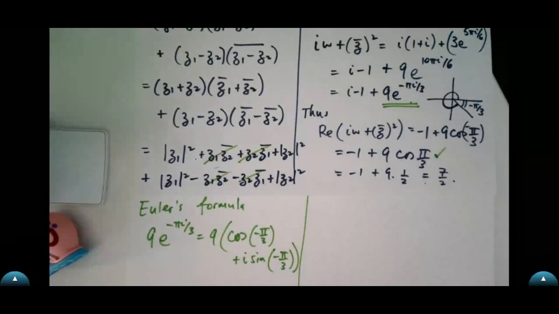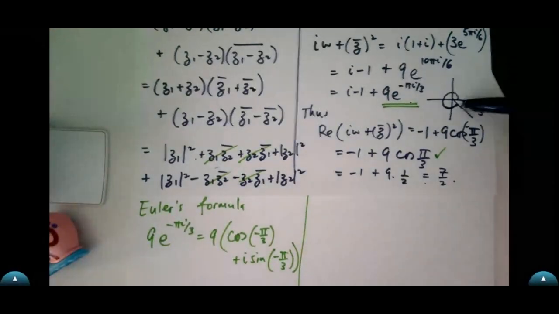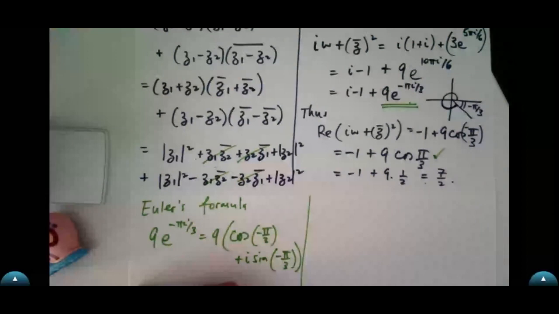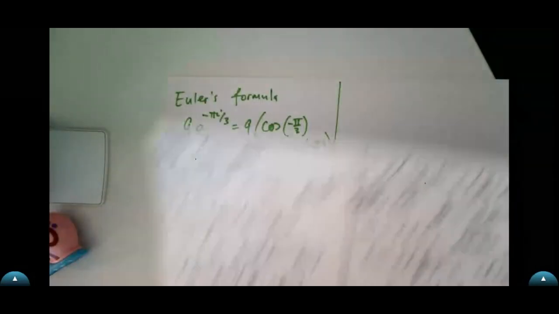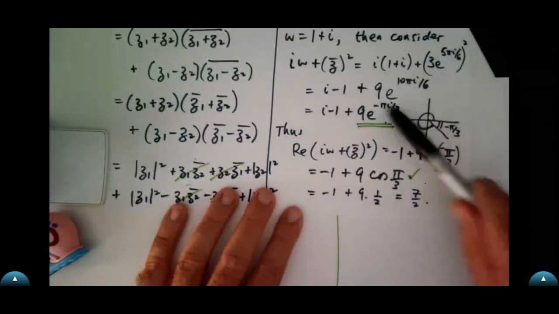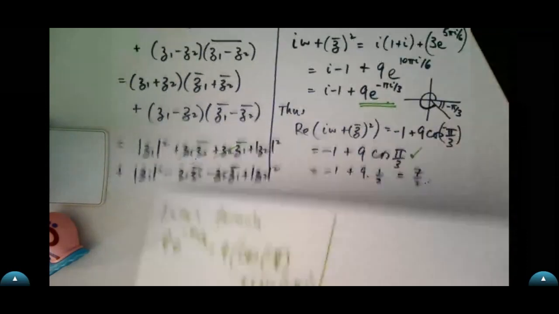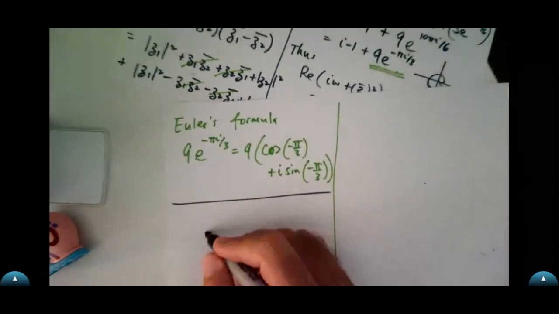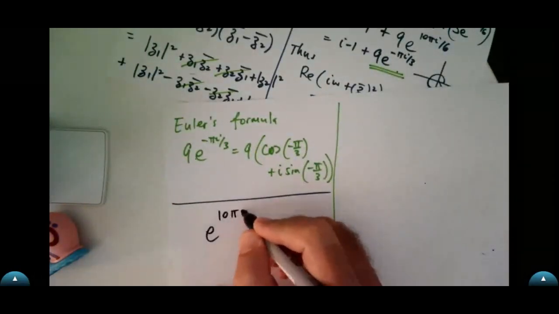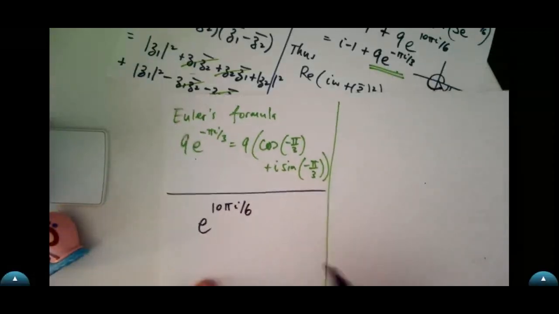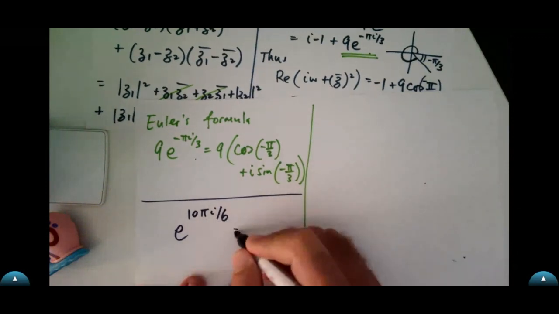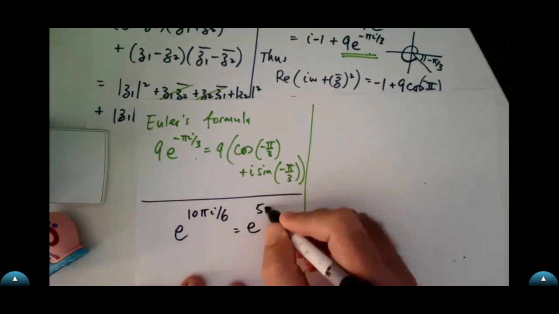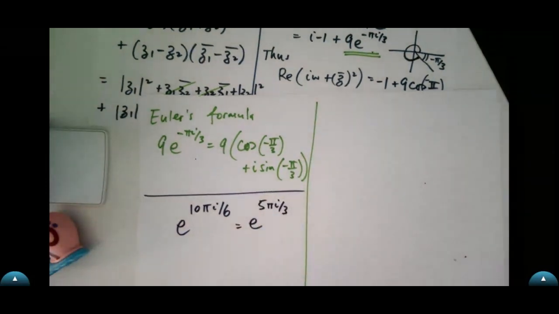Let's have a look at working out this angle. It's a really good question, Rahul, and I make mistakes too. Let's look at just this part here. If you have e to the 10 pi i on 6, you can simplify that down to e to the 5 pi i on 3.